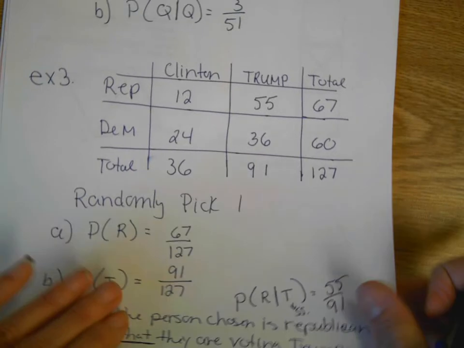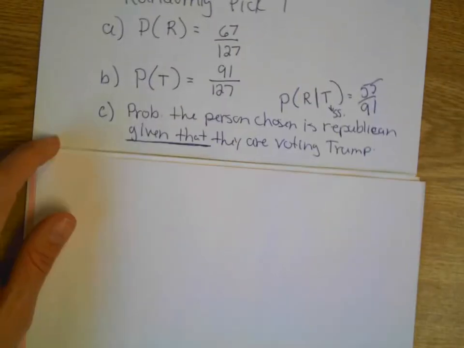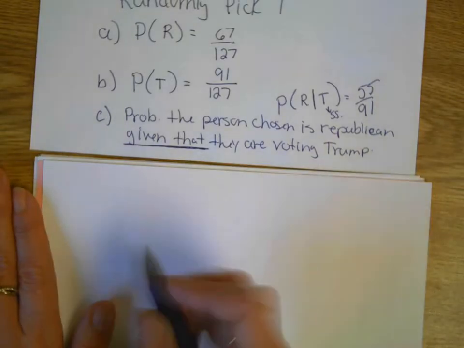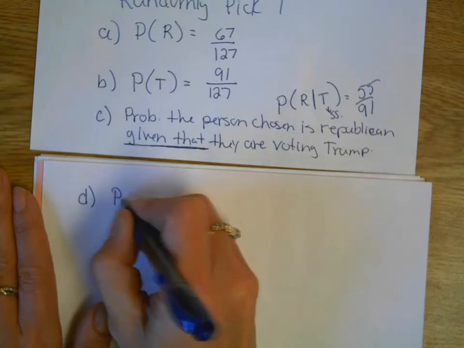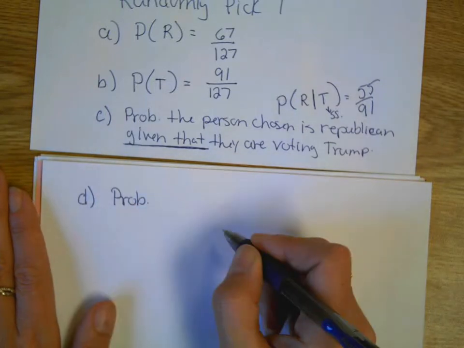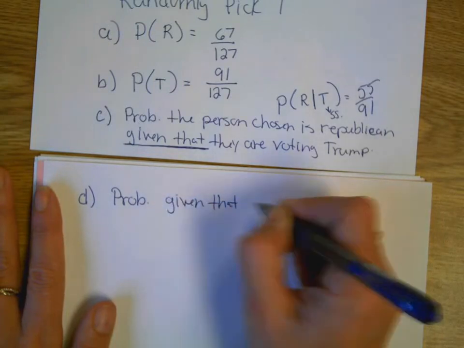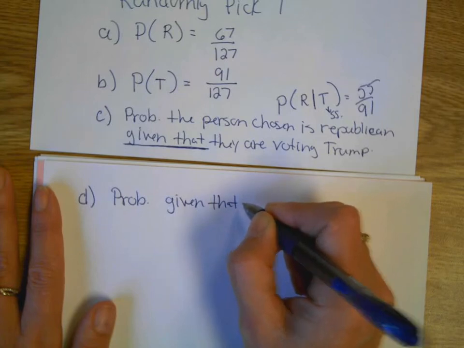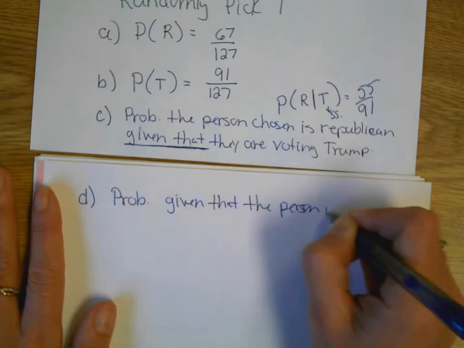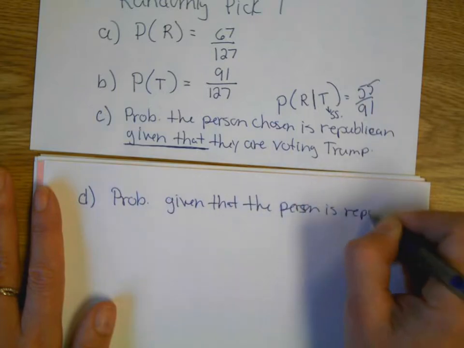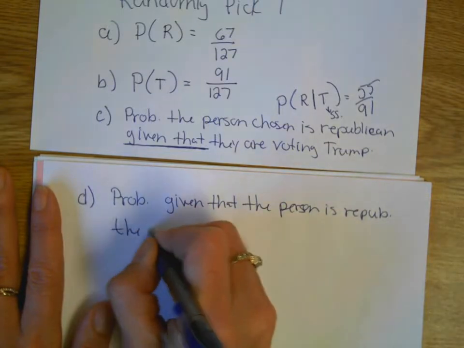We're going to keep going here, because these are the ones people do terribly with, even on the quiz. I'm going to write the sentence, because I think that might help. So the next one, same table. What's the probability, given that the person is Republican, they vote for Trump.